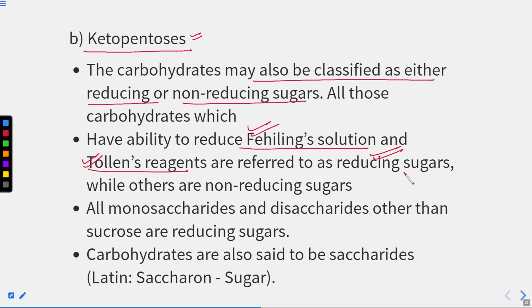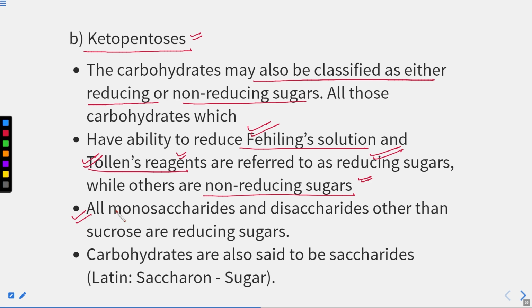While if they are not able to reduce the Fehling solution and Tollens reagent, then they are considered non-reducing sugars. You must have seen in the table that they are called reducing or non-reducing sugars, right? So on the basis of the reduction of Fehling or Tollens reagent, they are considered either reducing sugar or non-reducing sugar.